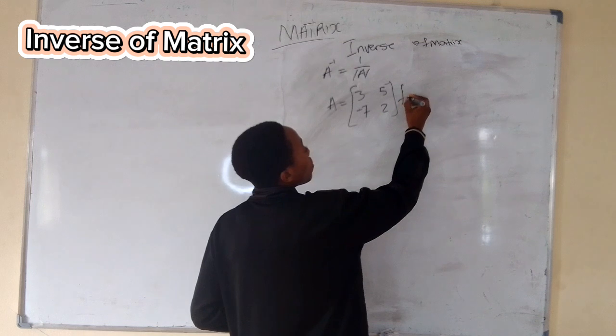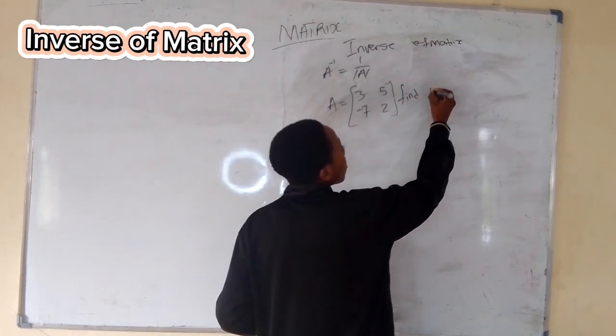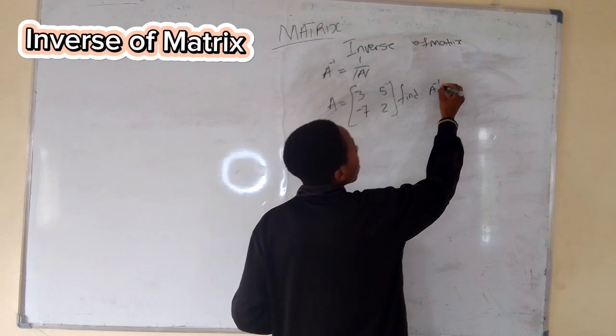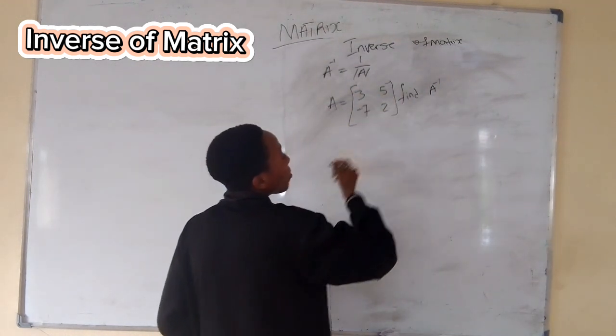First thing you need to do is to find your determinant. Multiply your major diagonal by your minor diagonal and then subtract them.